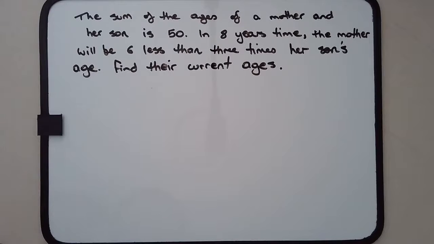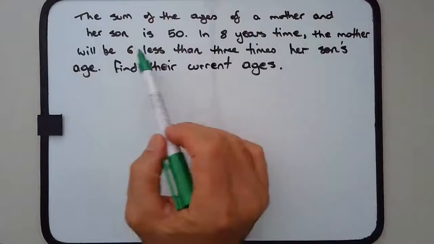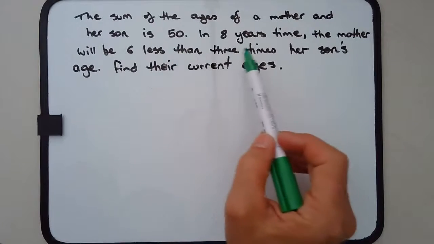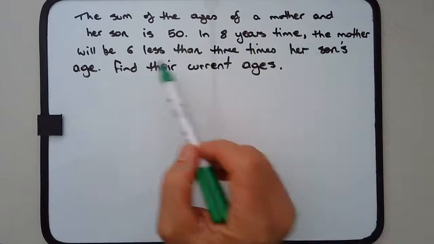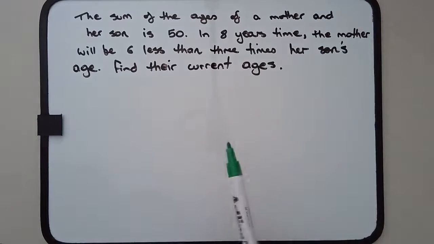Here's another equation problem, a worded equation problem, and that's the classic sort of work out the ages of the two people involved. The sum of the ages of a mother and her son is 50. In 8 years' time, the mother will be 6 less than 3 times her son's age. Find their current ages.